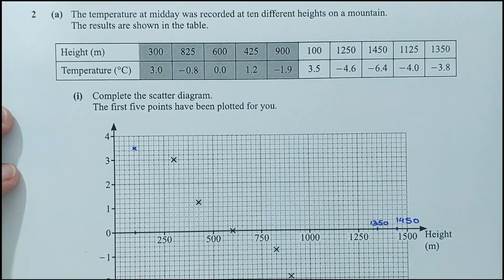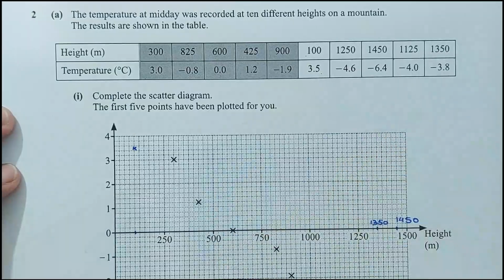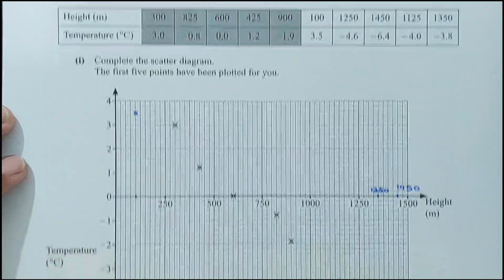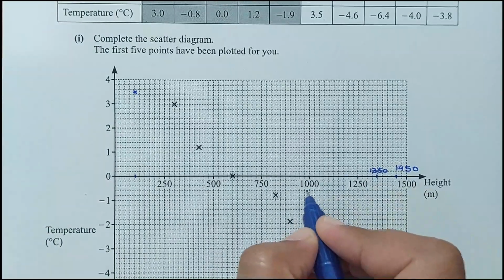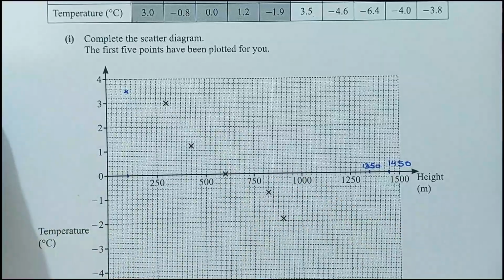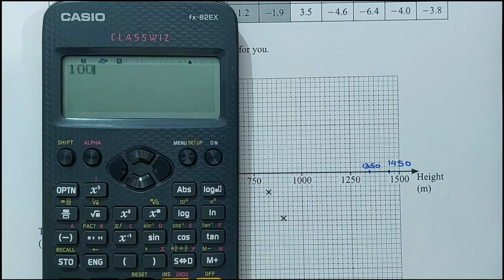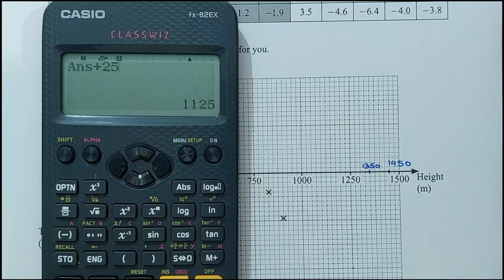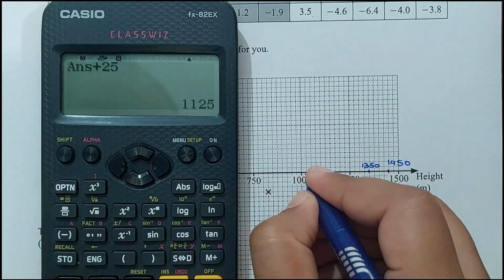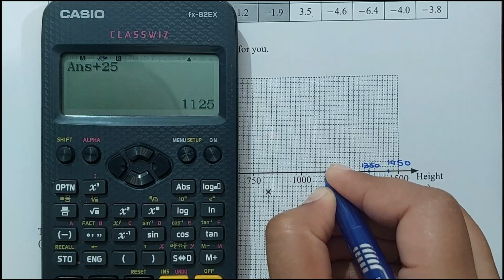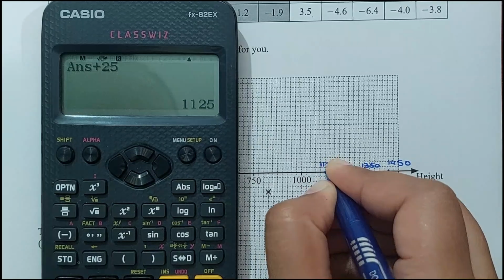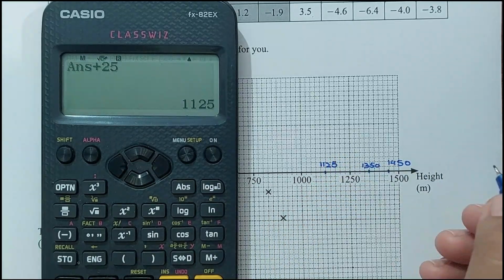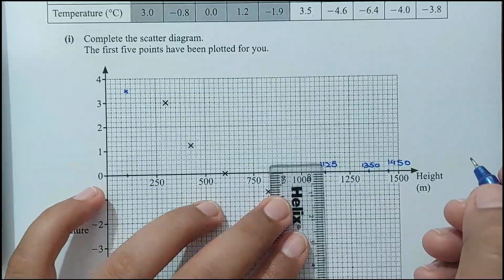Next is 1125, negative 4. From 1000, adding 25 each time: 1 time, 2 times, 3 times, 4 times, 5 times. So the fifth block is 1125. That is negative 4, downward.